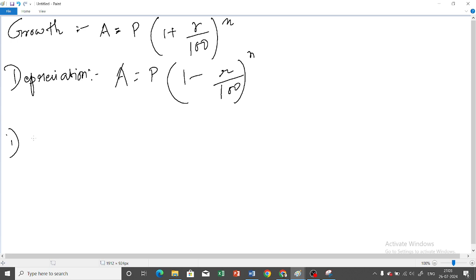So there are 4 scenarios. Number 1, present population.